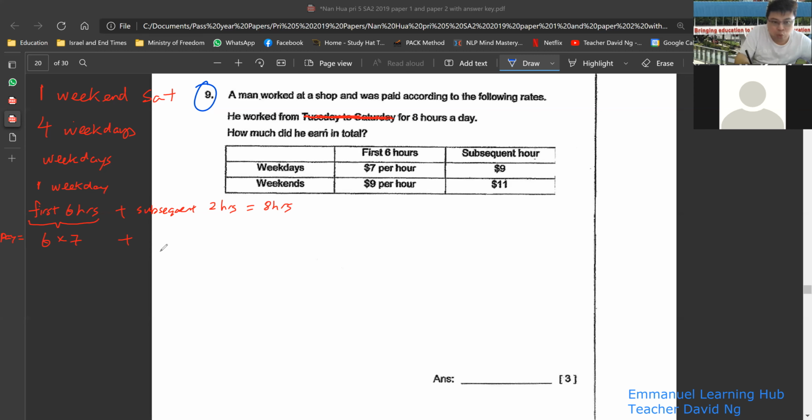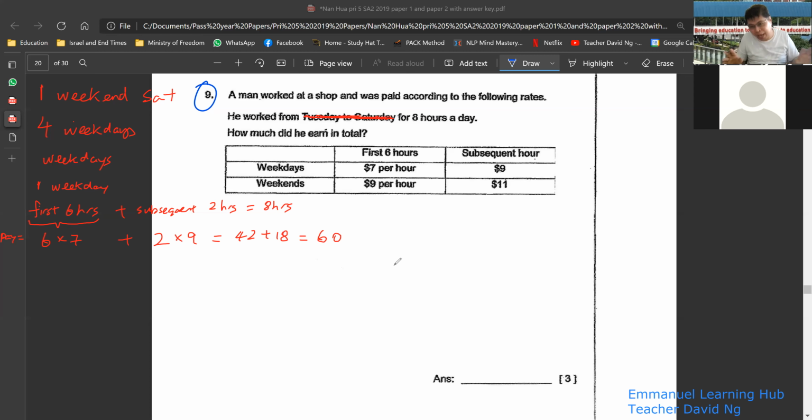Subsequent 2 hours, 2 times 9. This one you can ask your good friend calculator, or you are an expert in mental sums. $18. This is the steps I write in the paper. Be frank with you, this question you do have marks, but I give you 0. As I told you, Mr. Ng is a terrible marker. In a normal PSLE situation, based on what you presented, you will not get 0.